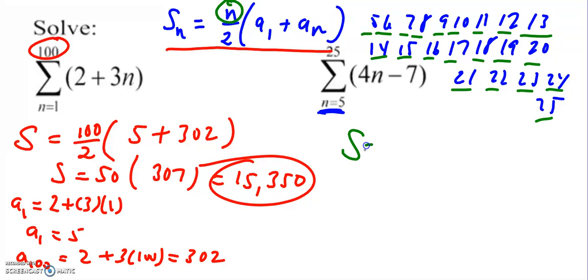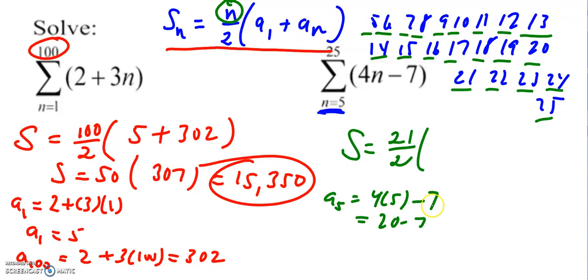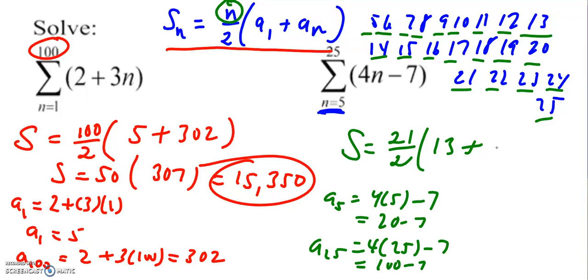So we would say that our sum is 21 terms divided by 2. The first term, if we plug in 5, so a sub 5, is 4 times 5 minus 7, which is 20 minus 7. So the first term is 13. And the last term, a sub 25, is 4 times 25 minus 7, which is 100 minus 7, which is 93.